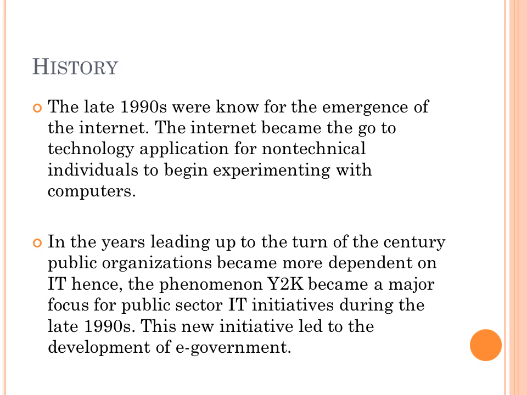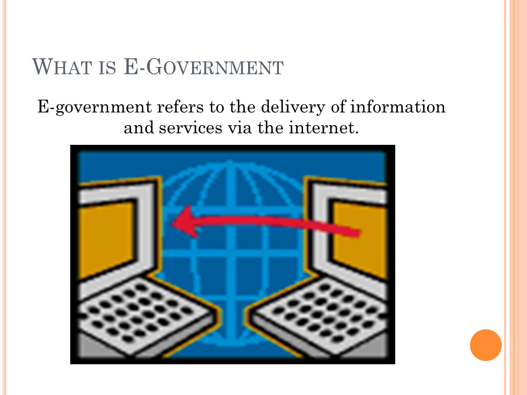In the years leading up to the turn of the century, public organizations became more dependent on IT. Hence, the phenomenon Y2K became a major focus for public sector IT initiatives during the 90s. This new initiative absolutely led to the development of e-government. Now, the term e-government refers to the delivery of information and service via the internet.